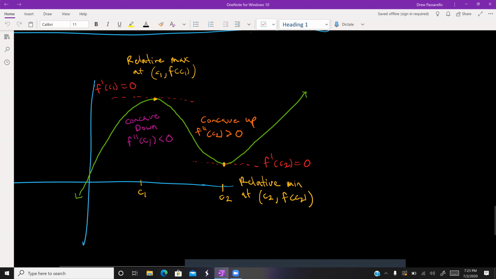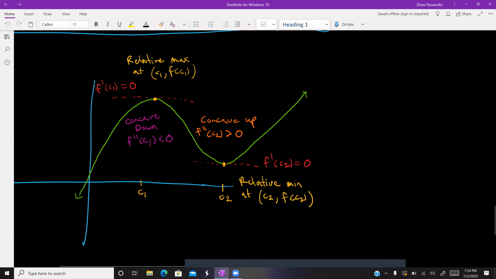So it's concave up, and that means its second derivative at C2 is greater than 0. So that's positive for the second derivative. And you also have a horizontal tangent line. Again, a horizontal tangent line means the slope is 0, or in other words, the first derivative at that point is equal to 0.